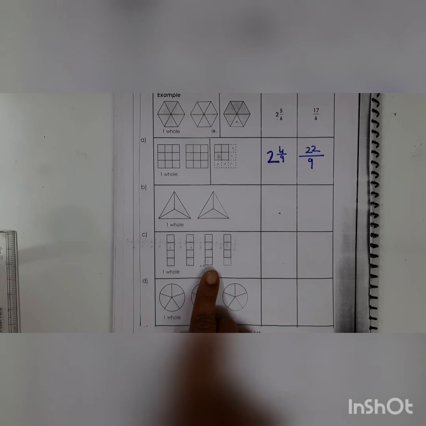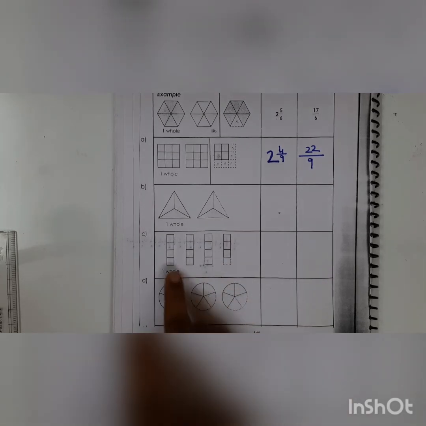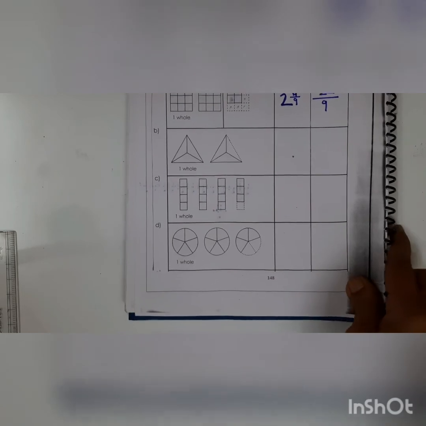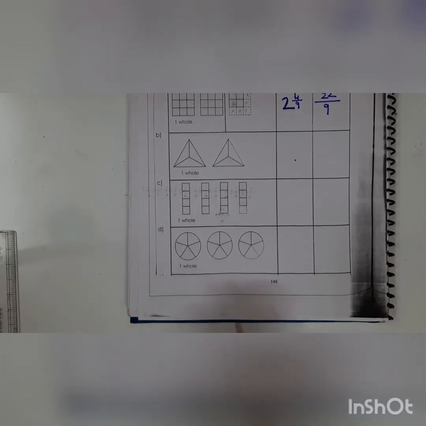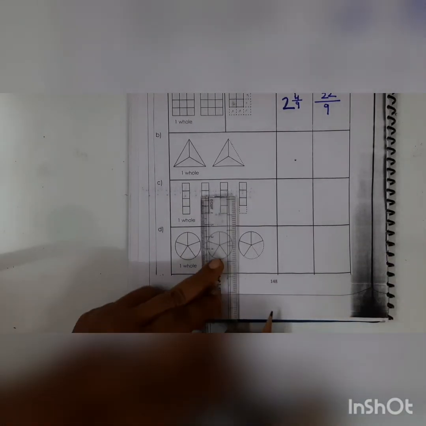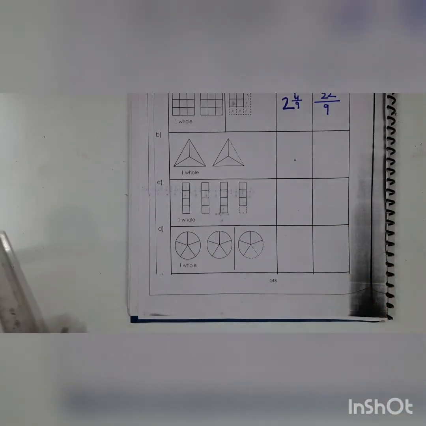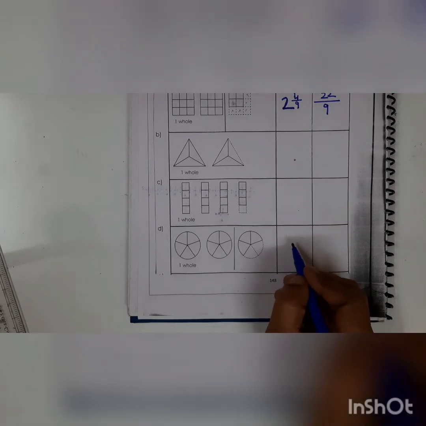This one. Draw a line here, children, so that you know that there are 3 wholes. 1 whole, 2 wholes and 3 wholes. The last one, you want me to do? 1 whole and this is another whole. What did I tell you? Just draw a line here. So what's your answer here? 2.